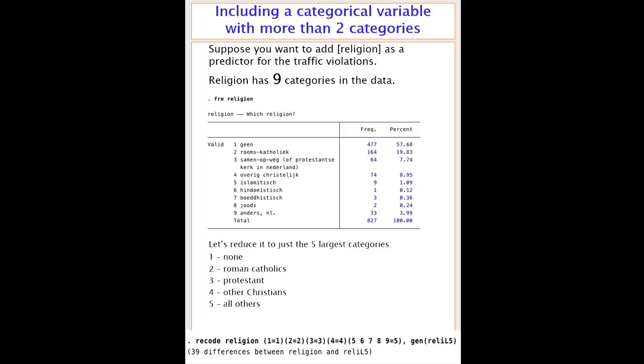So Islamic, Hindus, Buddhists, Jews, and other are now plunked together, with my apologies to anyone who feels bad about being so close to these other ones, but it's just to make the group a little bit larger. And that generates the new variable, called religion L5, that I want to work with here.